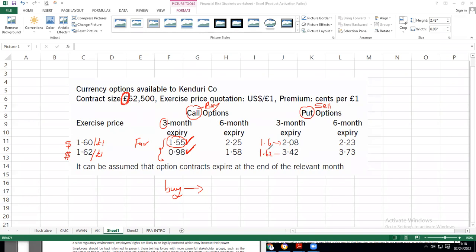Yes. If you want a very good selling price, you must be prepared to pay what? A higher price for the option. That is how we read these tables. Are we okay with the table? How we read the table?